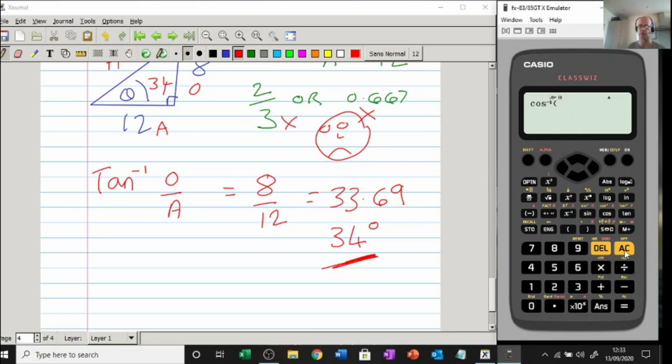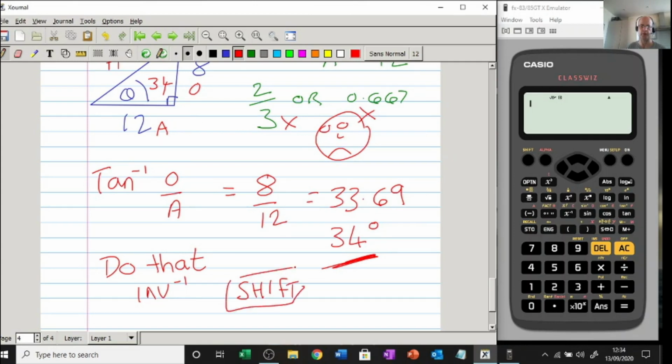If you're going to do cos, shift cos, it does the yellow bit on my calculator. Shift tan. So make sure you do that. You've got to press the shift button on the calculator.